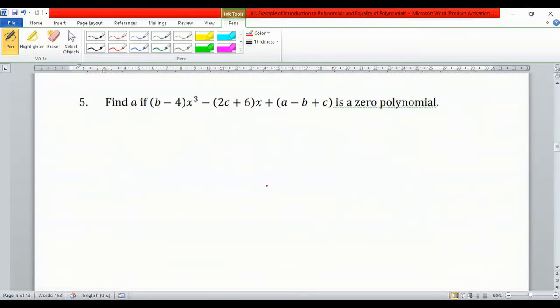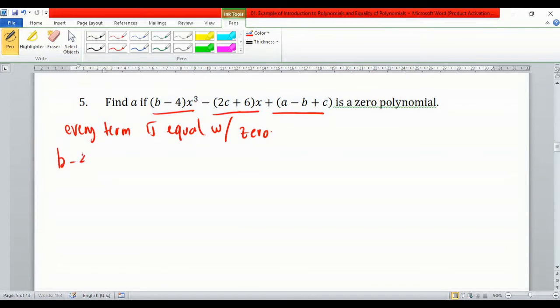You need to find a if (b minus 4)x power 3 minus (2c plus 6)x plus (a minus b plus c) is a zero polynomial. For a zero polynomial, to make it easier, every term is equal to 0, everyone. So the first term, the second term, and then the third term, you need to equal to 0.